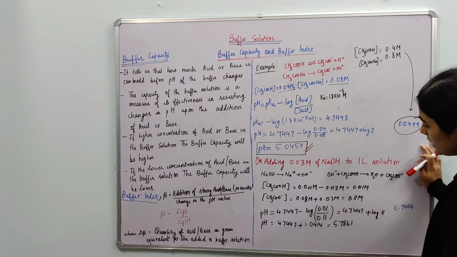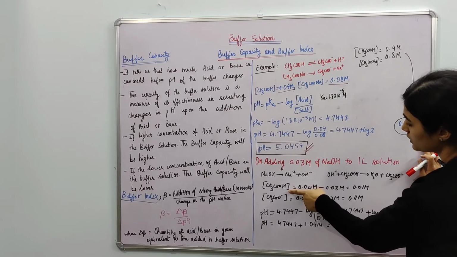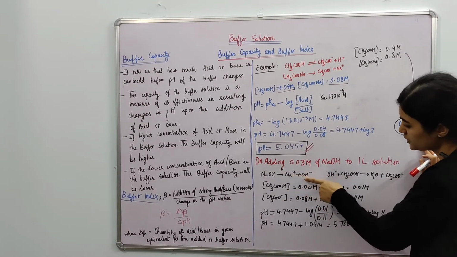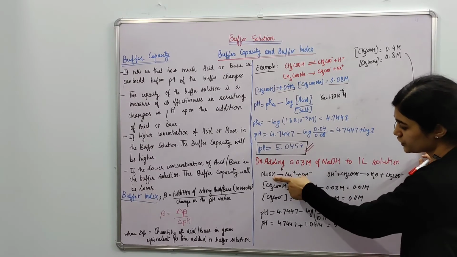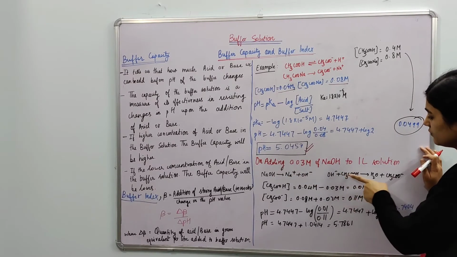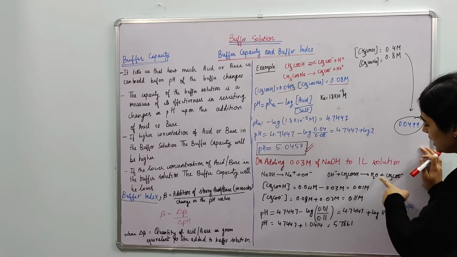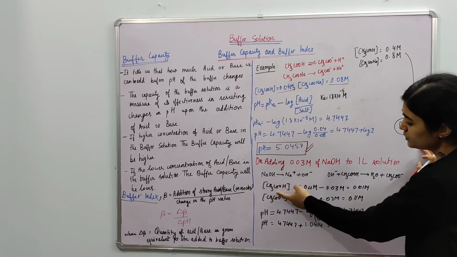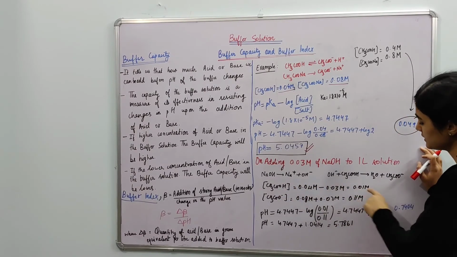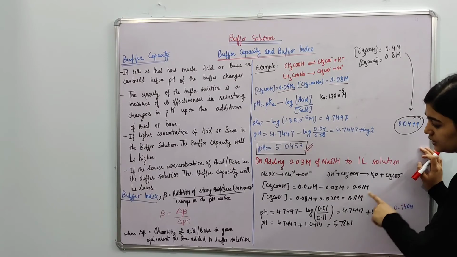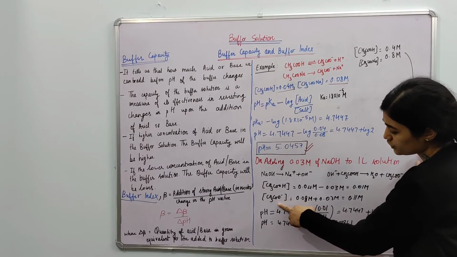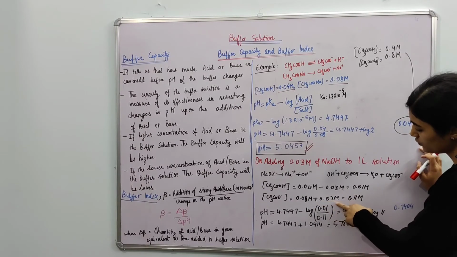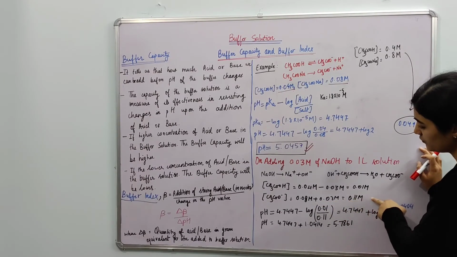The concentration of acetic acid is reduced due to the formation of OH negative ions on decomposition of NaOH. This OH negative will react with acetic acid, reducing its concentration by 0.03 molar, so the resultant concentration of acetic acid is 0.01 molar. The concentration of acetate ion will increase by the same amount, 0.03 molar, so it will become 0.11 molar.